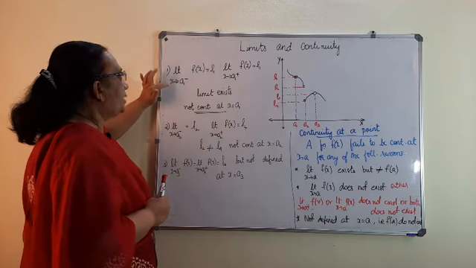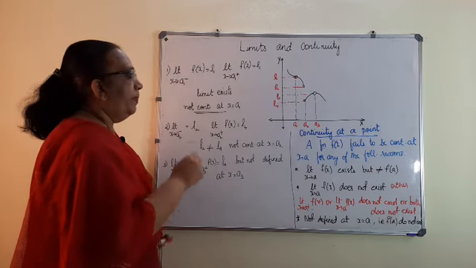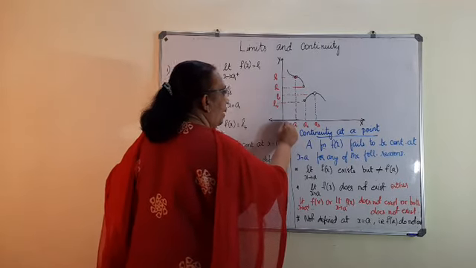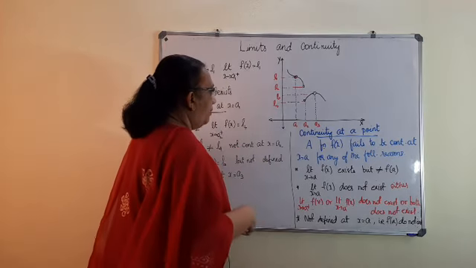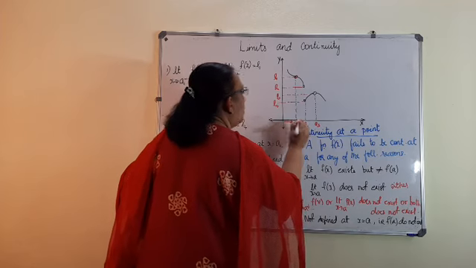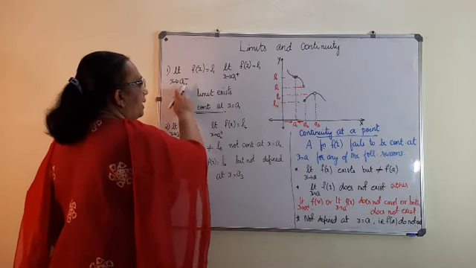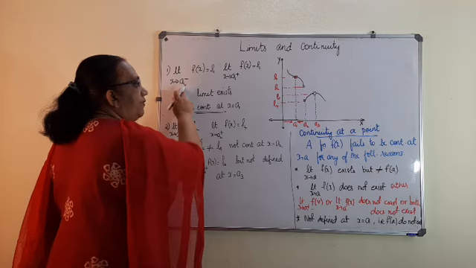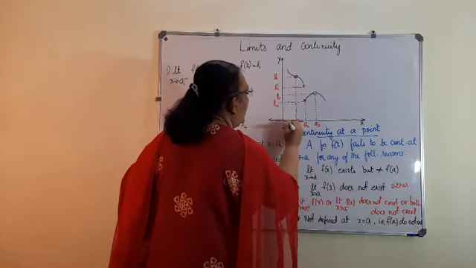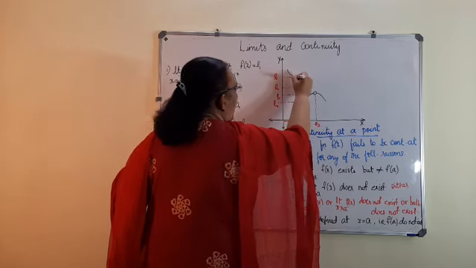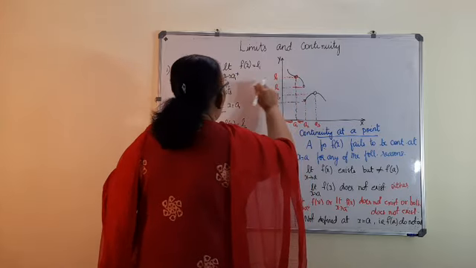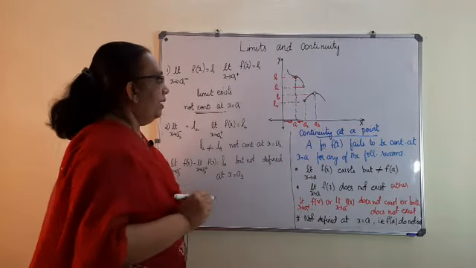The point a1 can be approached from the left side, or it can be approached from the right side. When you approach from the left side of a1, it is called the left hand limit of the function. From the graph, a1 corresponds to this line, and the point is equal to L1.